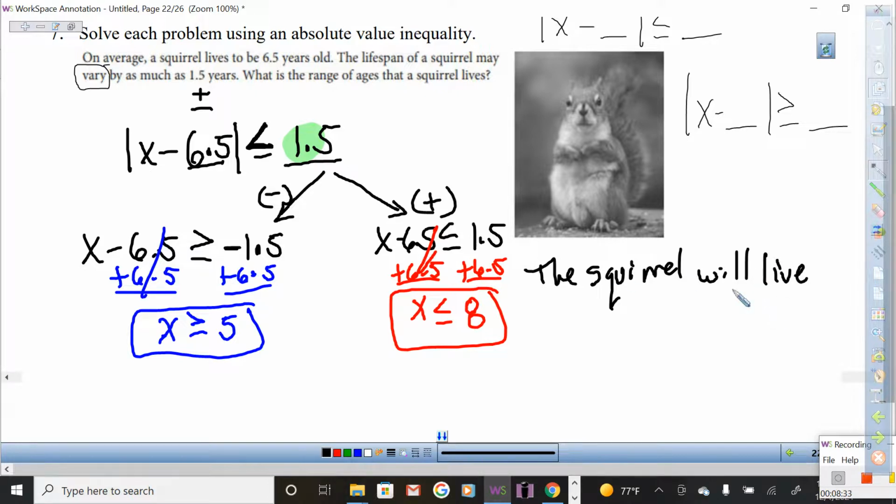The squirrel will live from or between, yes, 5 to 8 years, yes. Woo.